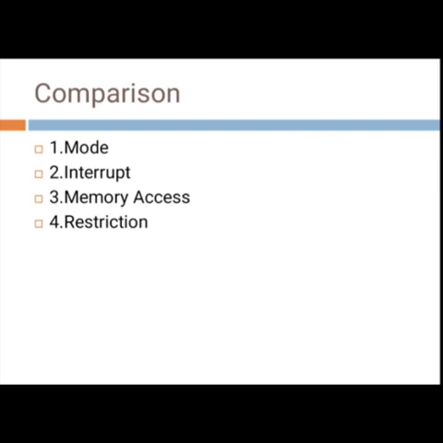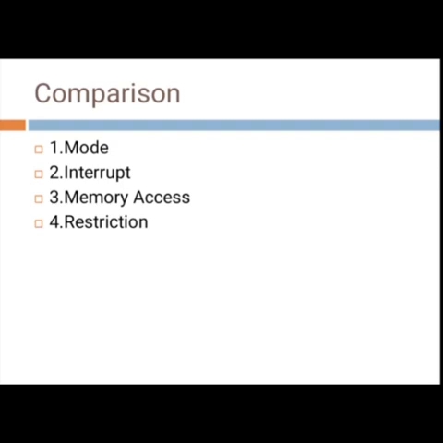Third parameter is memory access. In user mode, there is limited memory access and a private address space is allocated to it. But in kernel mode, you can access any memory location with no restrictions. The fourth point, restriction.